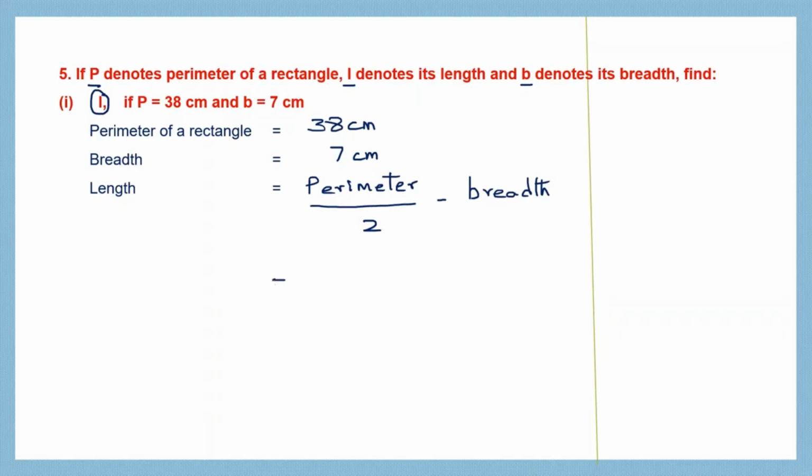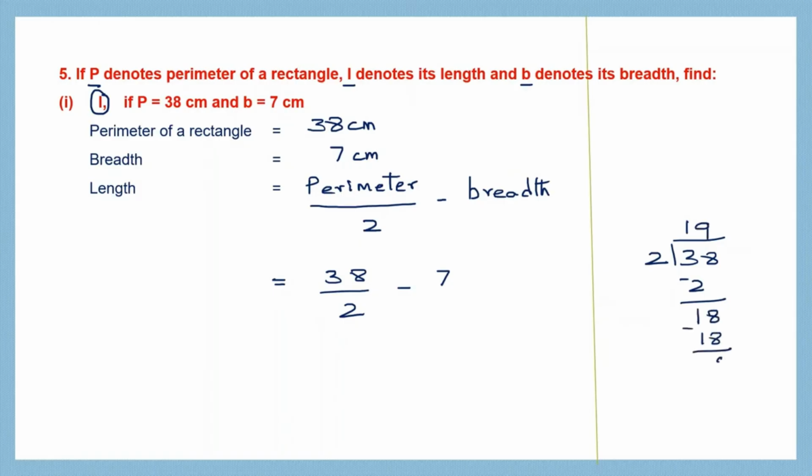So let's begin. Perimeter is given as 38 by 2 minus breadth is 7 centimeters. So 38 by 2. Let's do that division first. Divide 38 by 2. 2 ones are 2, minus, 1, 8, 18. 2 nines are 18.